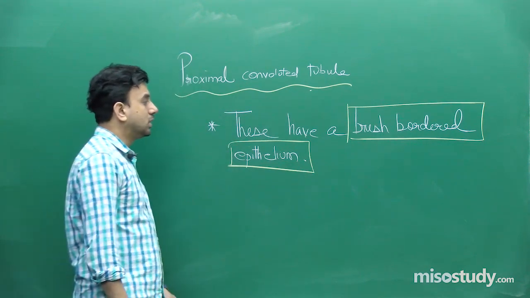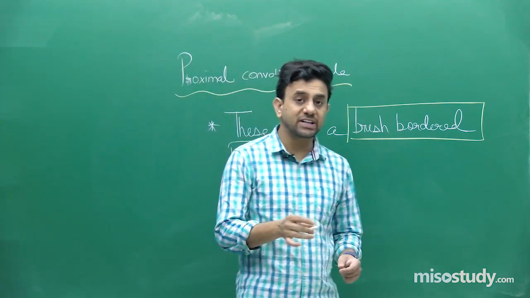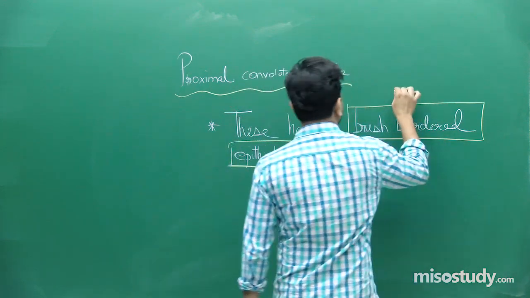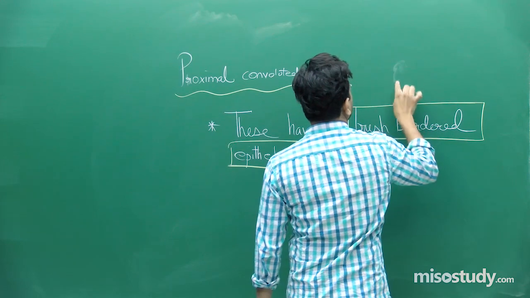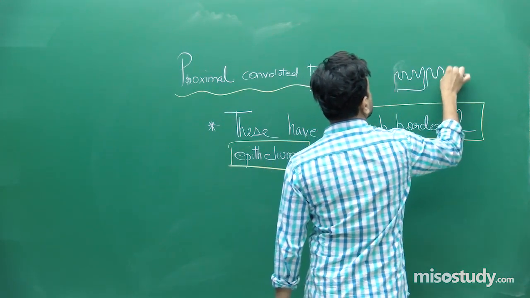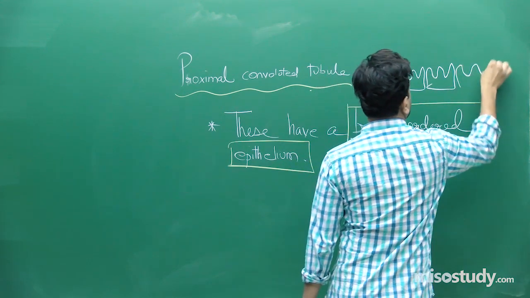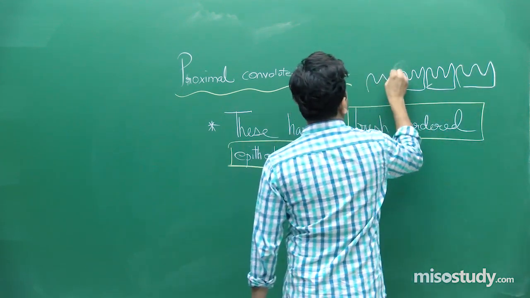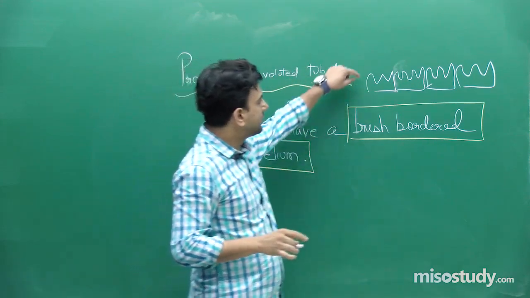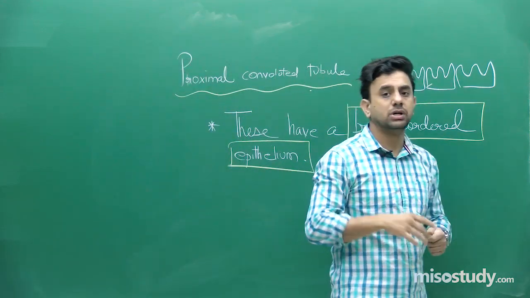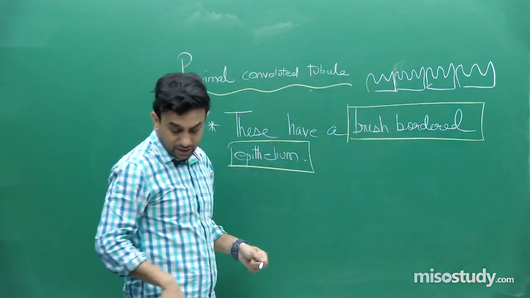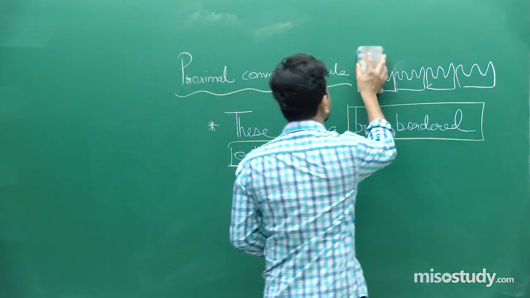Why brush bordered? Because these have cuboidal cells with numerous microvilli. If you look at a whole column of cells, isn't it looking like the tufts of a brush? So this is why this is called the brush bordered epithelium.